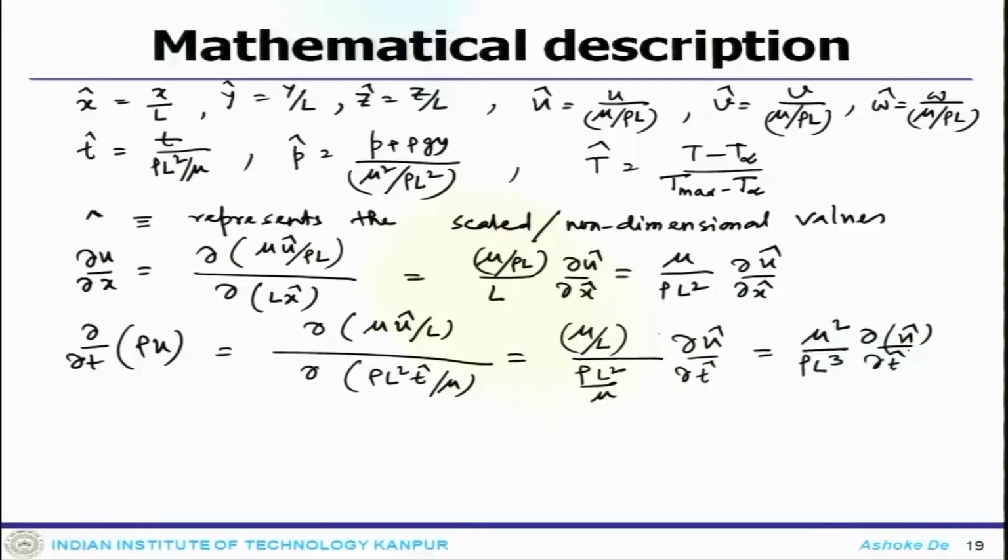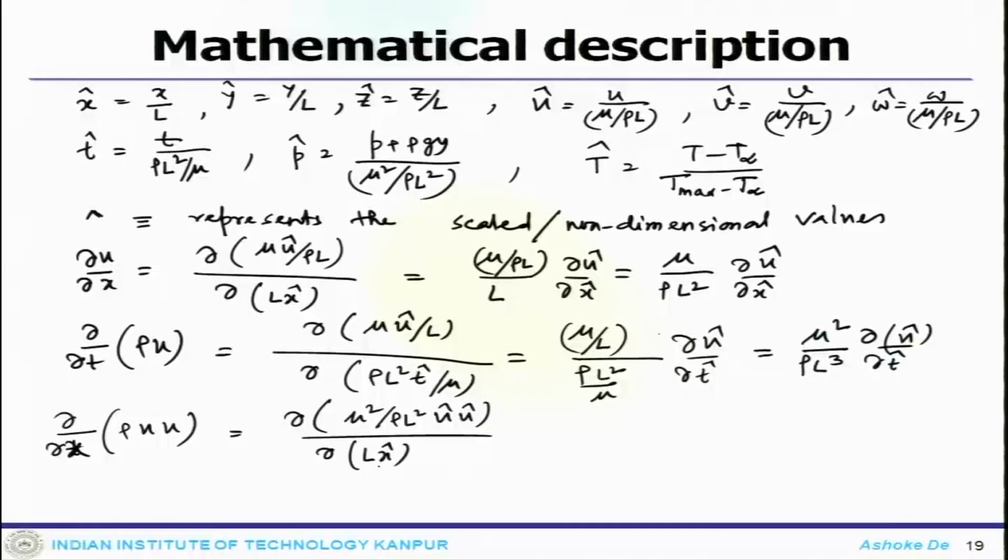Okay. Similarly, you can have a term with del by del x of rho u squared, because this is there in my momentum equation. So, this would be del of (mu square by rho L square u hat) divided by del (L x hat). So, it becomes mu square finally by rho L cube del u hat by del x hat.